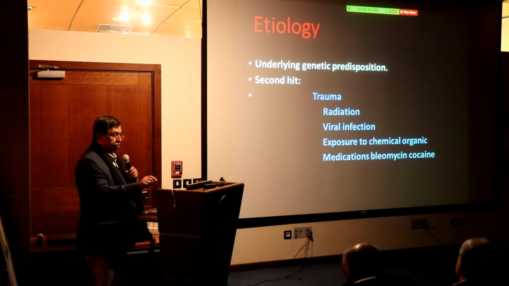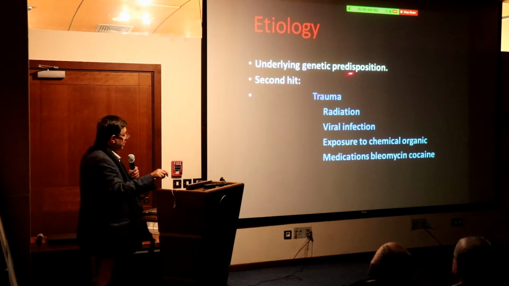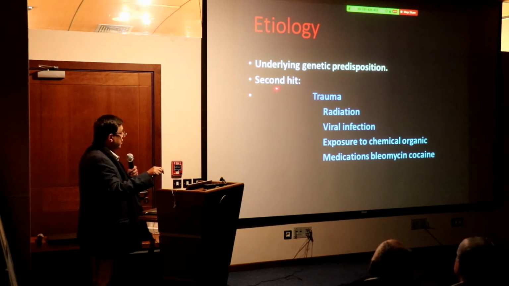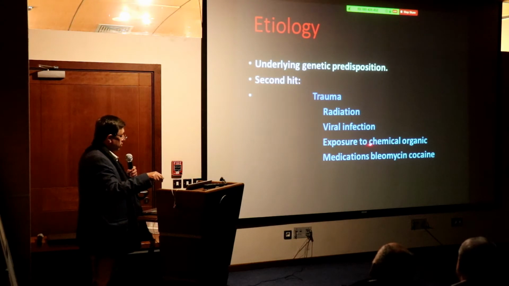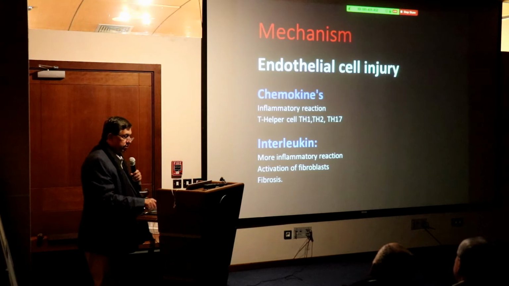As for the etiology of this immune connective tissue disease, usually there is some underlying genetic predisposition, and then there is a second hit that flares things up, like trauma, radiation, viral infection, exposure to chemicals, or medications. Then the whole thing starts.